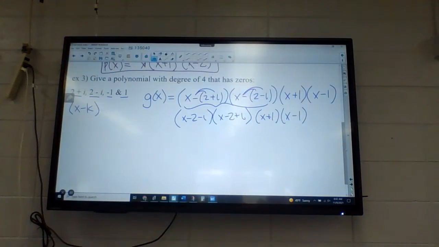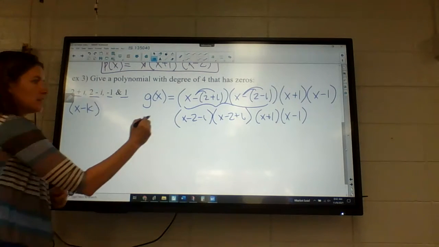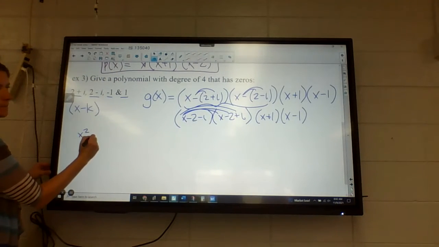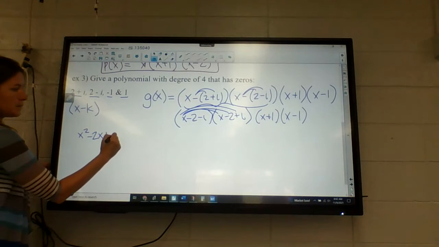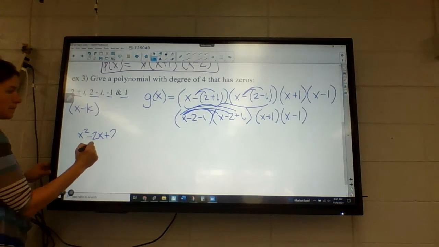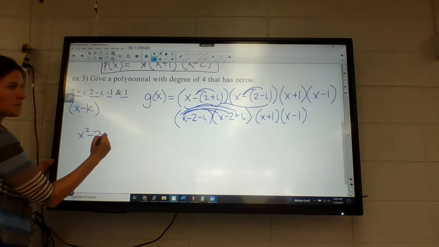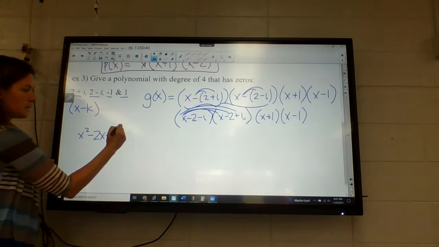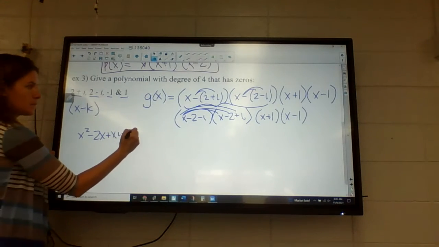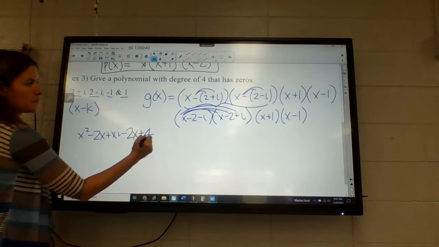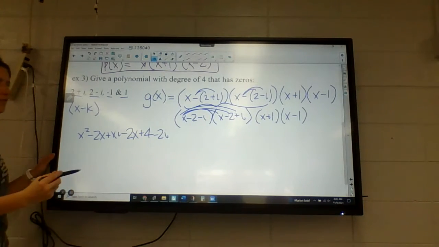All right, this can be a little bit of a pain. I'm warning you ahead of time. We have to FOIL that, but it's 3 terms by 3 terms. So I've done the first 2 terms already.